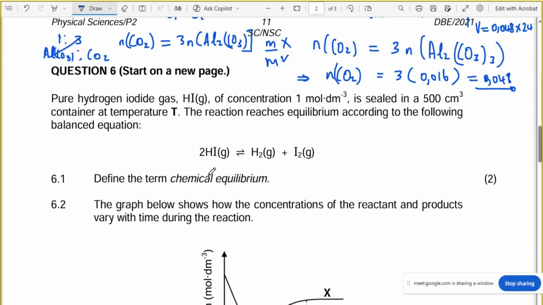Okay, let's look at question 6. Define the term chemical equilibrium. What is chemical equilibrium?